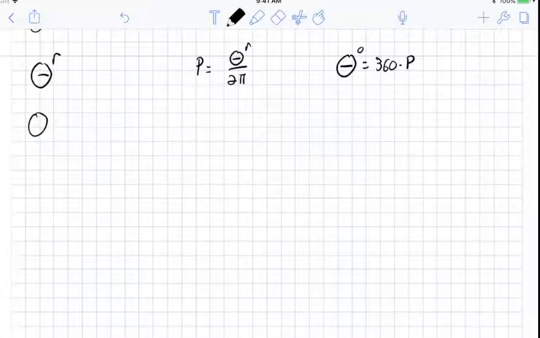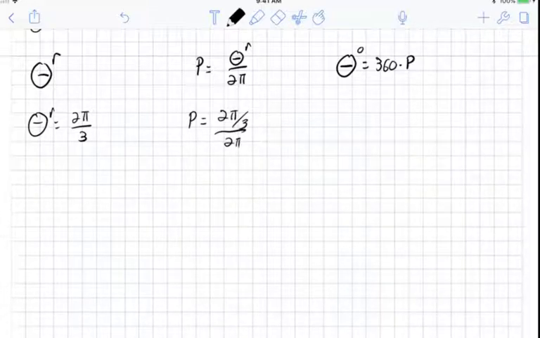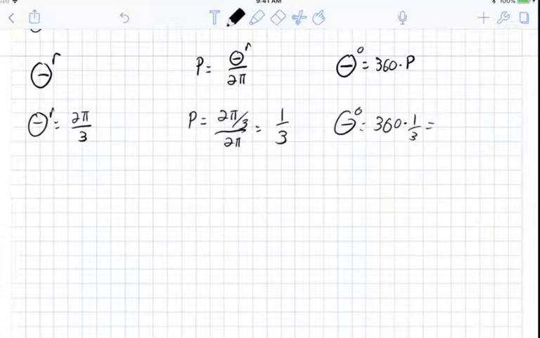So if in radians they give me 2 pi over 3, the percentage is going to be 2 pi over 3 divided by 2 pi, so it's 1 over 3, and the angle in degrees is going to be 360 times 1 over 3, which is 120 degrees.